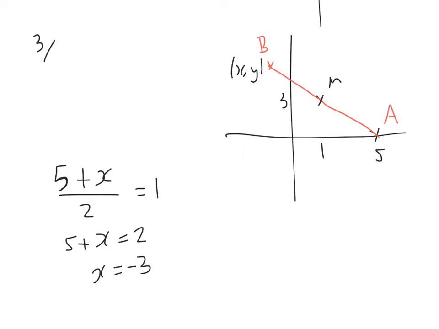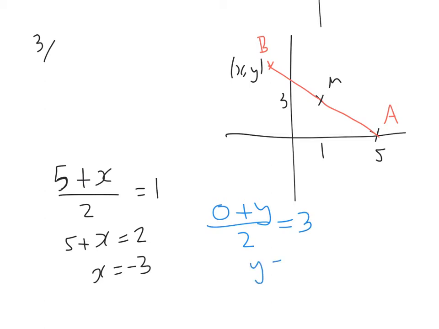Let's repeat this for the y values. To get the midpoint for the y values, you would add the y values. The y value for this one is 0, and the y value for this one is y. And when you halve them, you get the midpoint y value of 3.